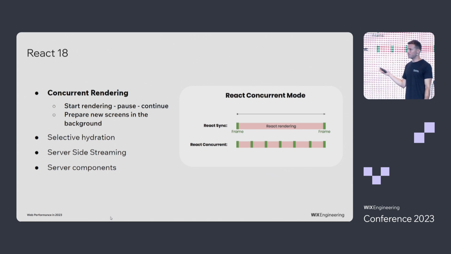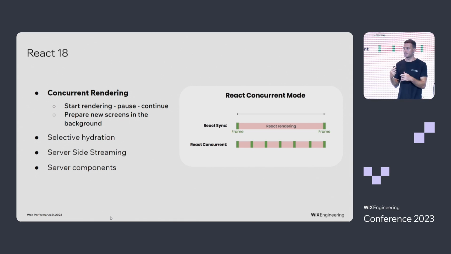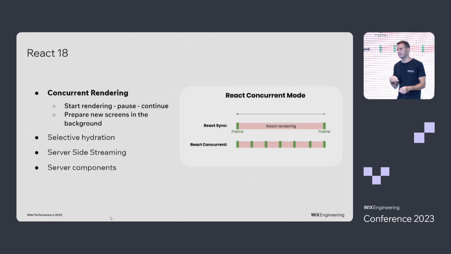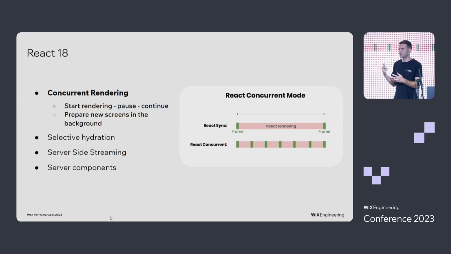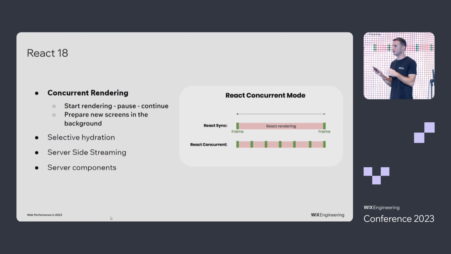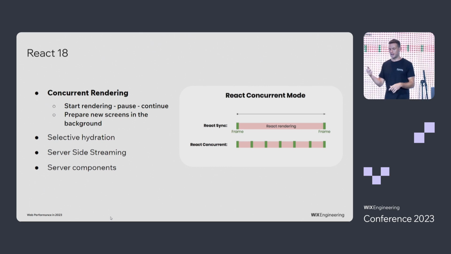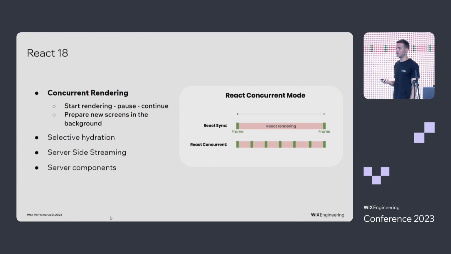And by splitting, React can now handle events, especially user events, during the rendering phases of components. React can also prepare new screens. It's not running in parallel. It's still running synchronously in the browser, but it gives us a better user experience, because now React can start rendering, pause to handle events, and then continue later with other components.